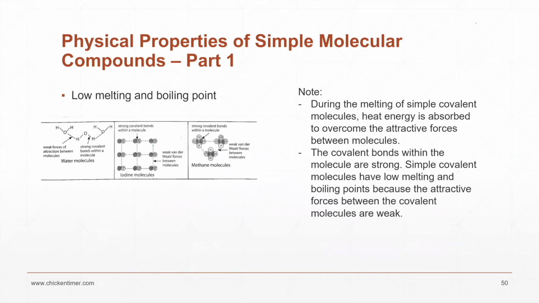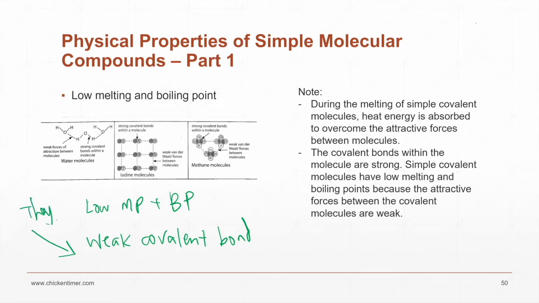So this is more information. A lot of students, when they want to explain the low melting and boiling point, often write weak covalent bonds. They write that weak covalent bonds, therefore you require less energy and the melting and boiling point is low.